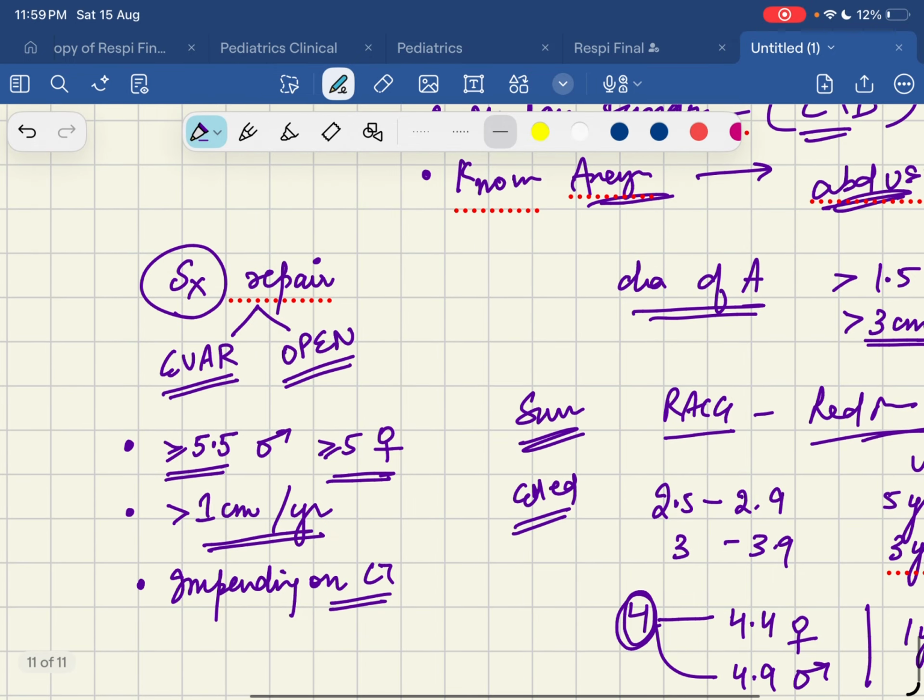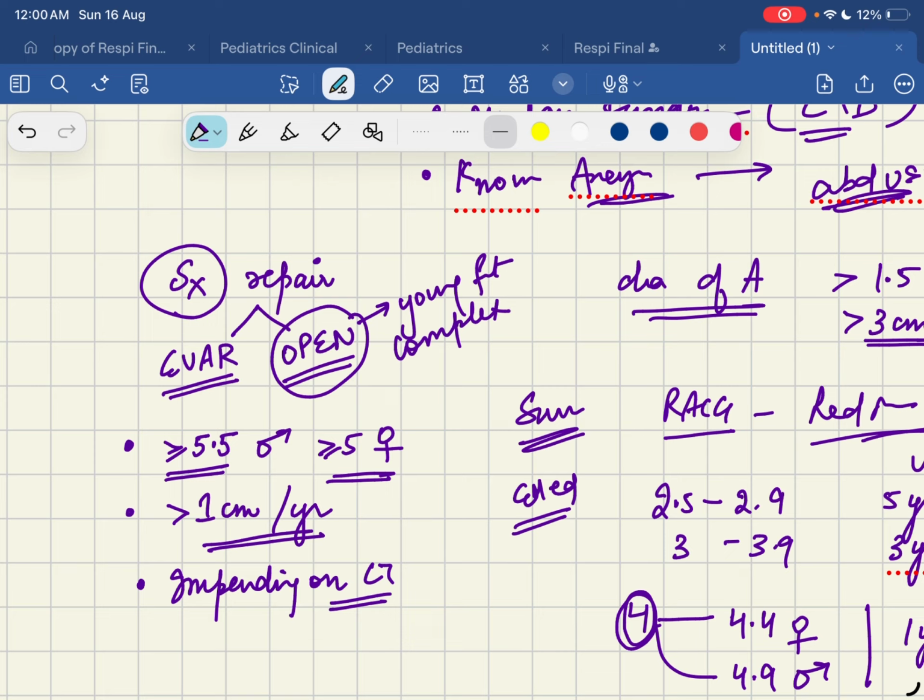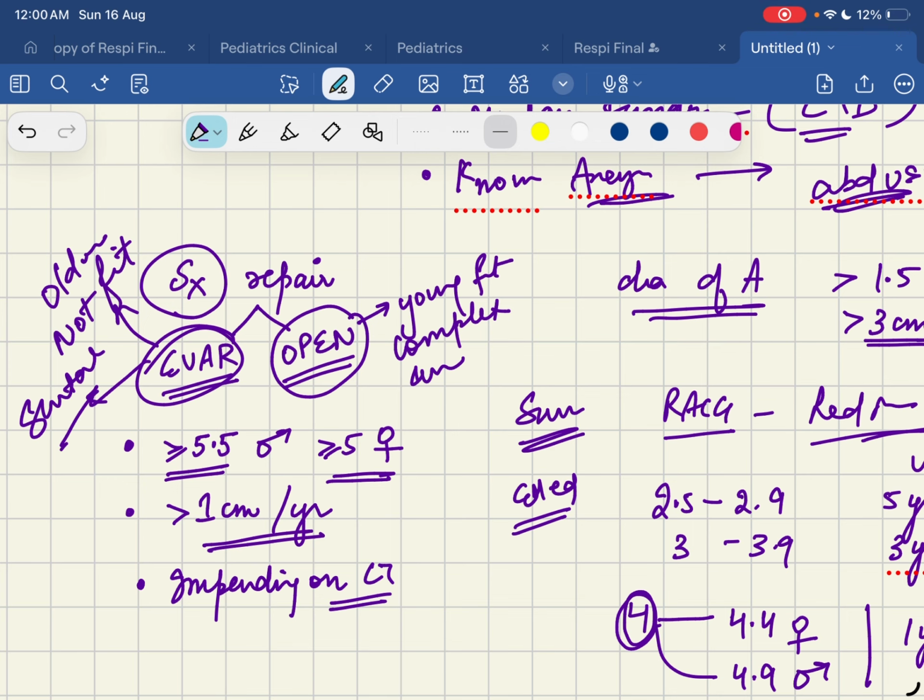Just for the sake of completeness, remember, open surgeries are done in those who are young, who are fit, and who have a complex anatomy where you can't do endovascular surgery. Endovascular is preferred in those who are old, not fit, or if a person has suitable anatomy, you can go for endovascular surgery.